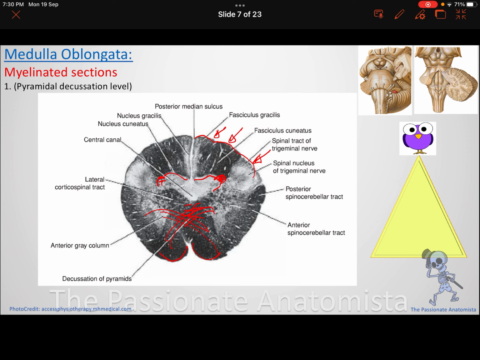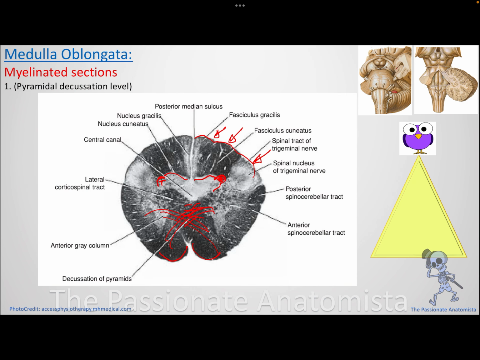All right, so these are the gross features from outside. All the bumps, you've seen them. Posteriorly, sensory tracts, sensory stuff. Anteriorly, your motor stuff. And we haven't yet come to the olive, and that is going to be the last level of the medulla, and we're going to talk about that as we go up.